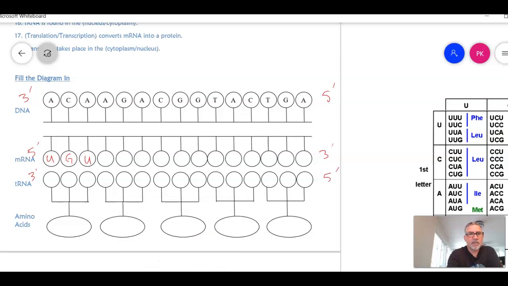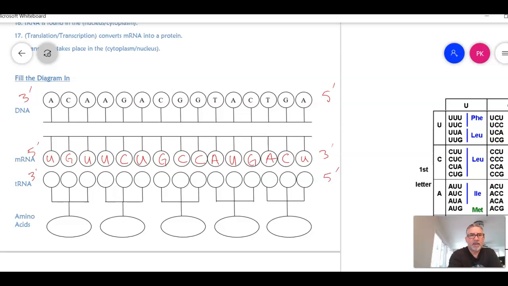So my next ones, A's become U's, CU, and then I've got GCC, and opposite of T is A, UG, and I've got AC, U. So my tRNA would be anti-complementary.